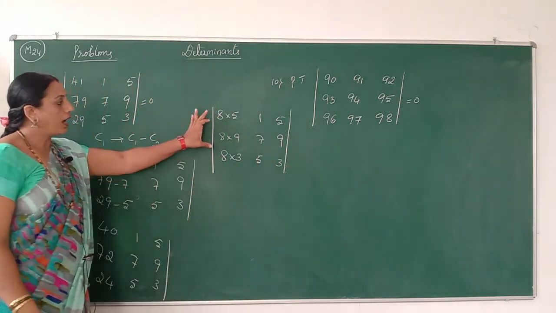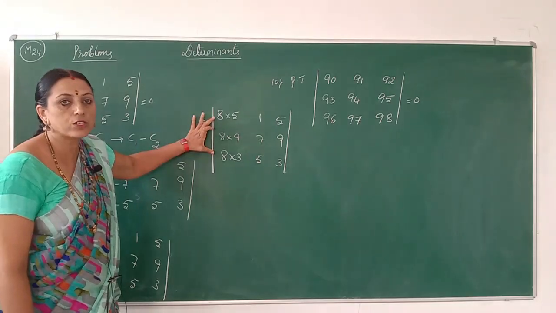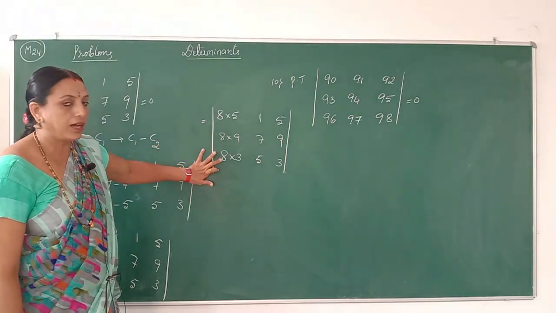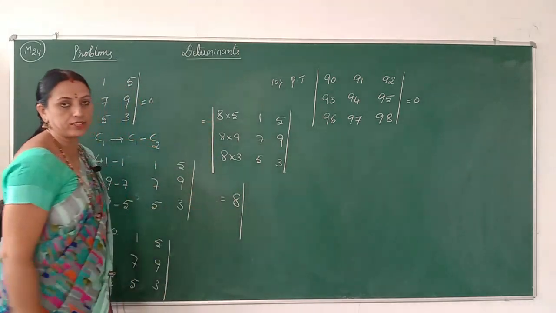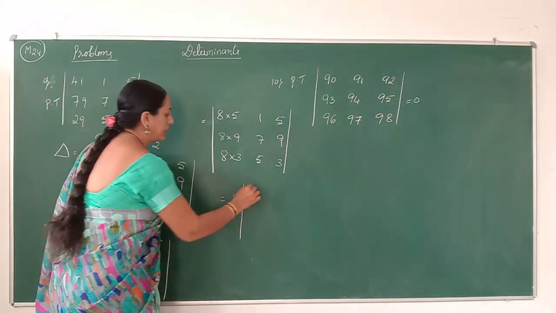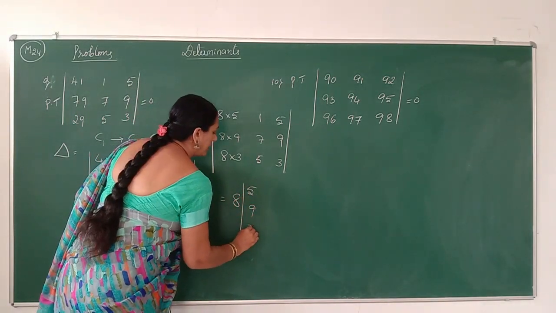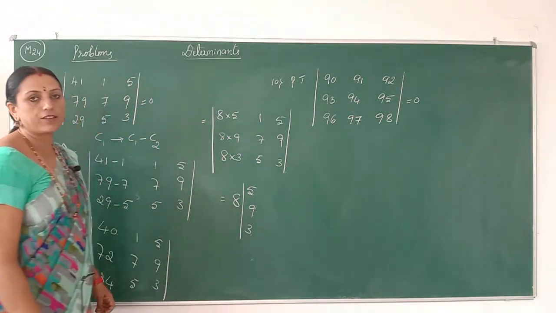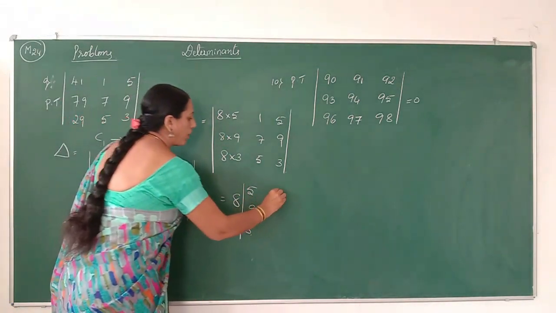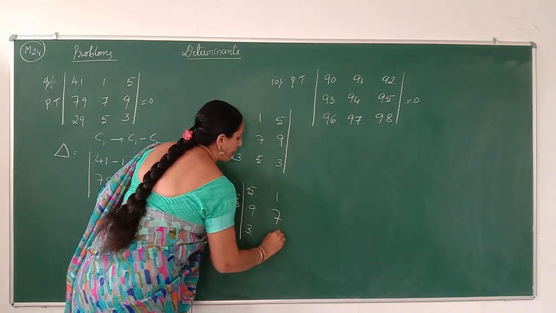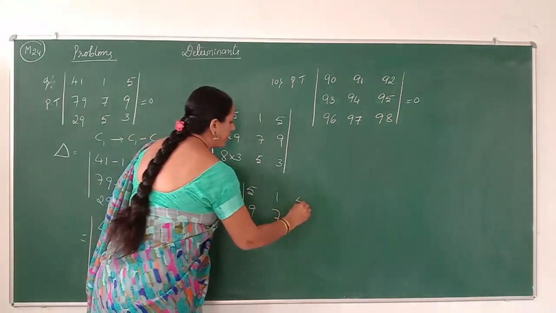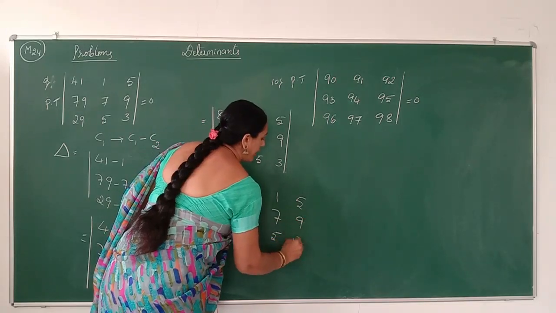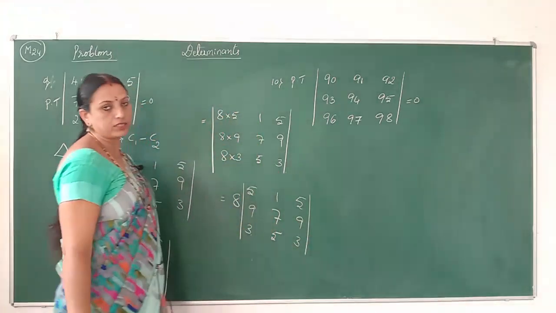So all the elements of the first column are multiples of 8. Therefore, 8 is a common factor. So what are the remaining? 5, 9, 3 are the elements of the first column. 1, 7, 5 are the elements of the second column. 5, 9, 3 are the elements of the third column.